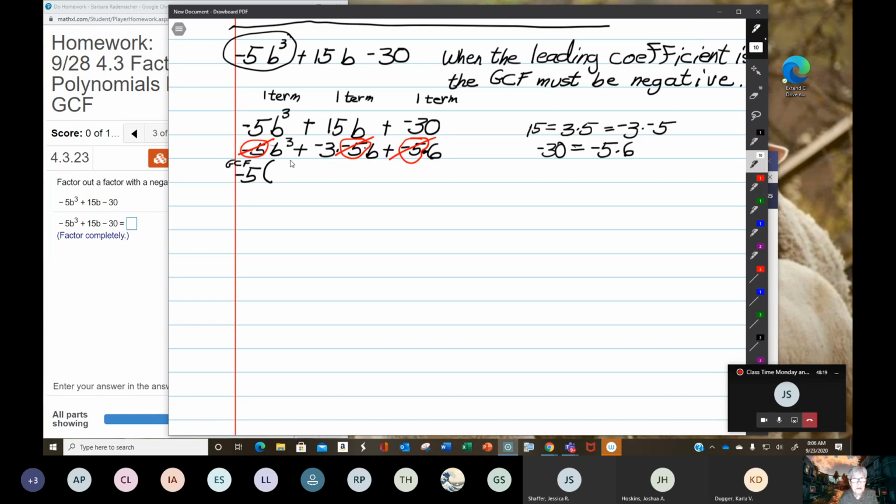And then write the leftovers. b to the third plus -3b plus 6. And it's +6 because the negative got used.